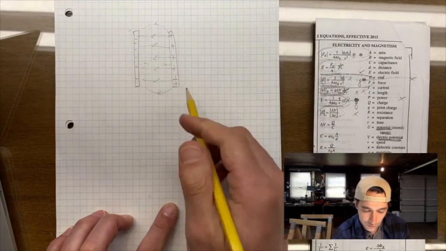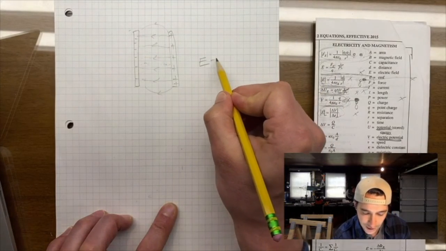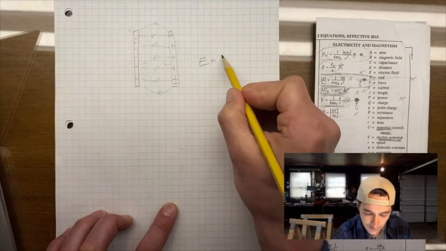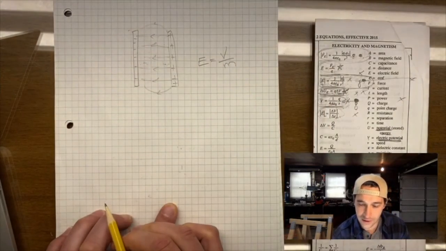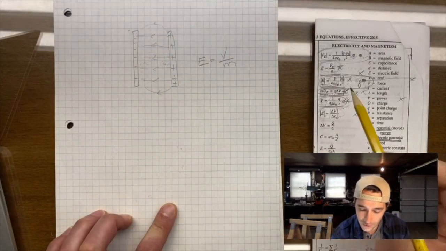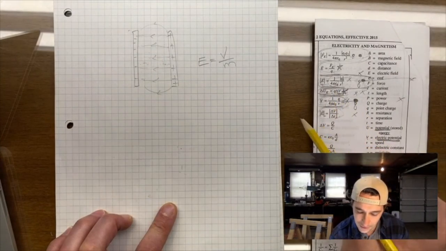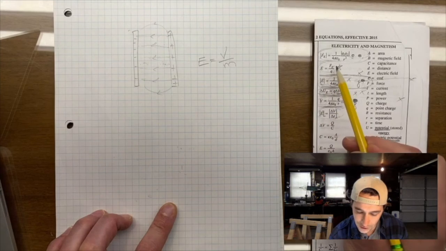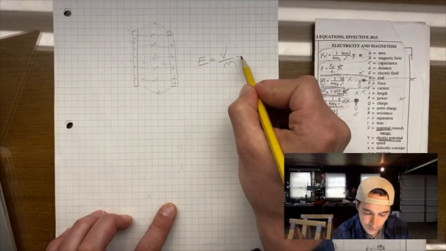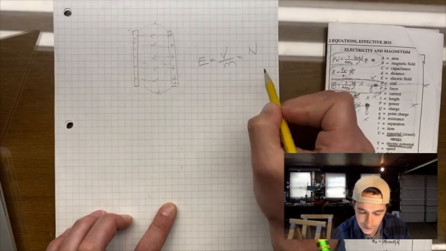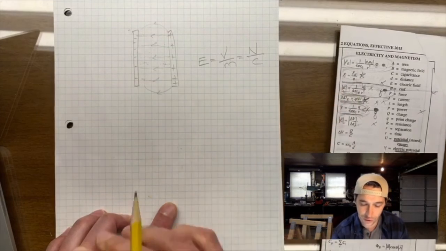So sometimes you'll see electric field strength written as volts per meter. That's a unit you'll see. Other times, electric field strength could also be considered how much force you feel per unit charge, so newtons per coulomb.